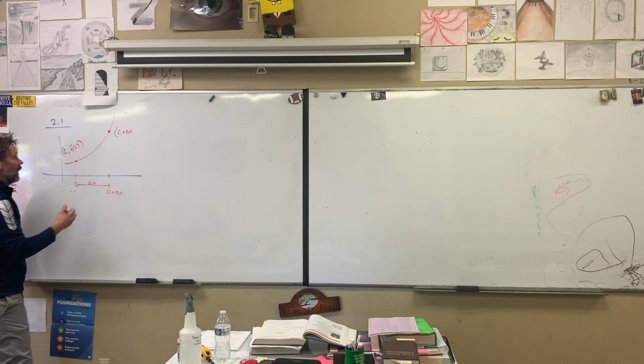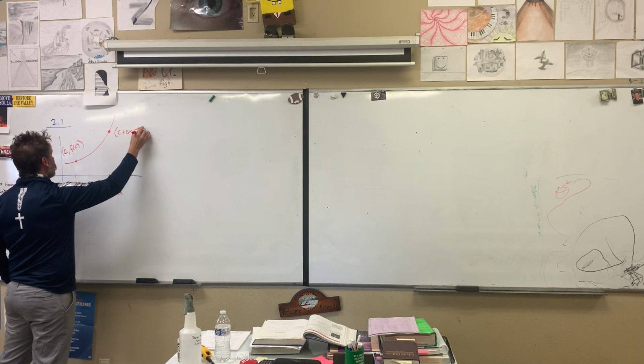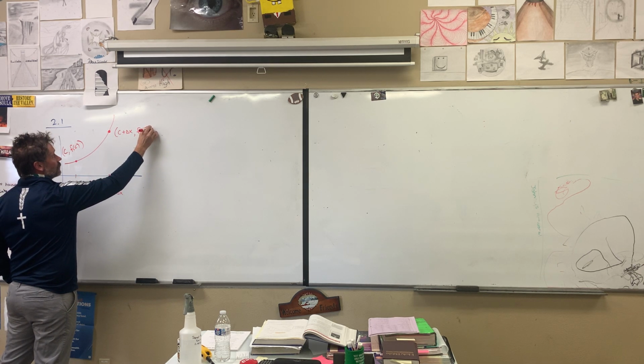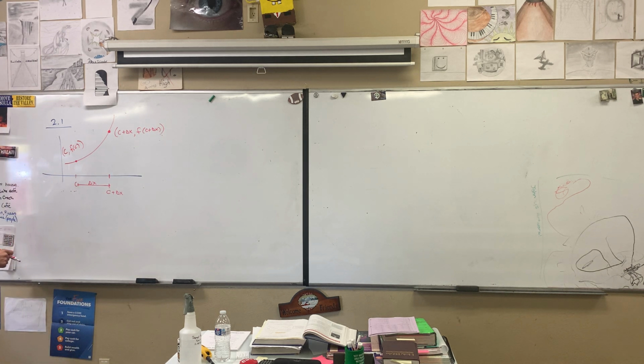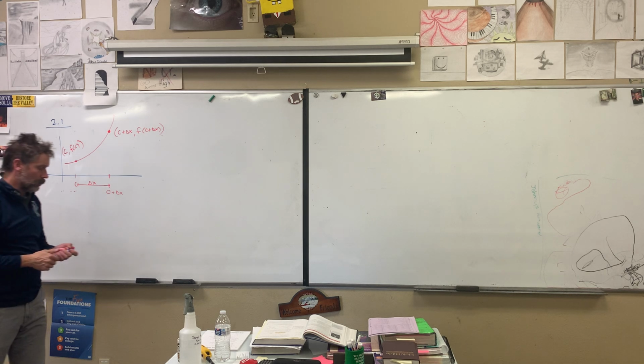And then our Y value is just F of C plus delta X, right? Yeah. And so that's where some of this becomes cumbersome, is the notation, just with lots of variables going. But the idea is the tangent line along a curve and the slope of that.